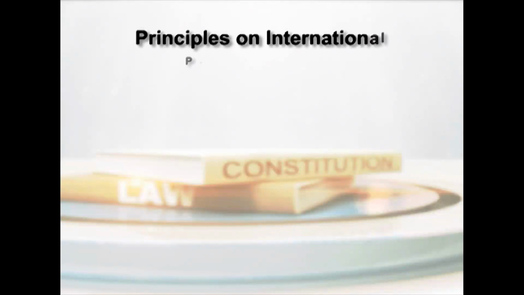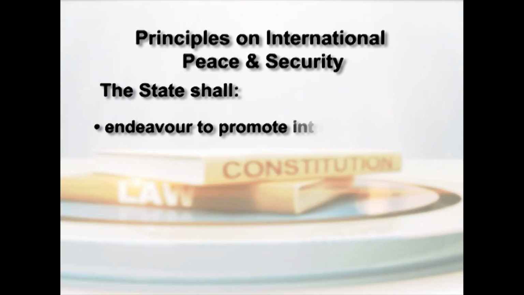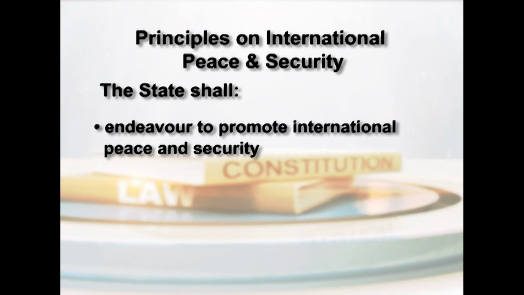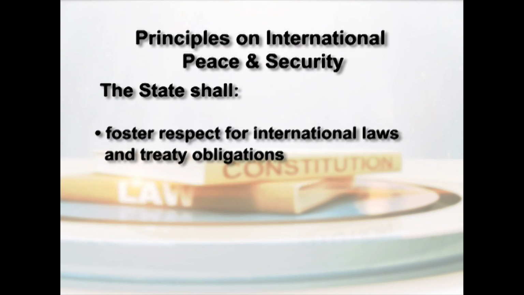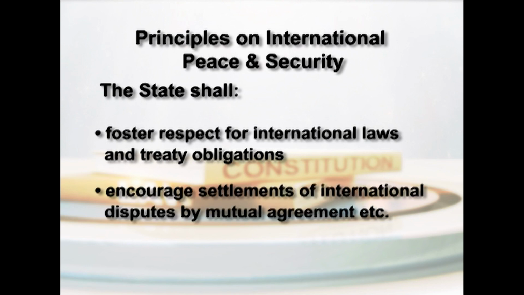India should render active cooperation for world peace and security, and for that the state shall endeavor to promote international peace and security, maintain just and honorable relations between nations, foster respect for international laws and treaty obligations, encourage settlement of international disputes by mutual agreement, etc. Apart from this, there are certain other principles which can be categorized as miscellaneous principles.